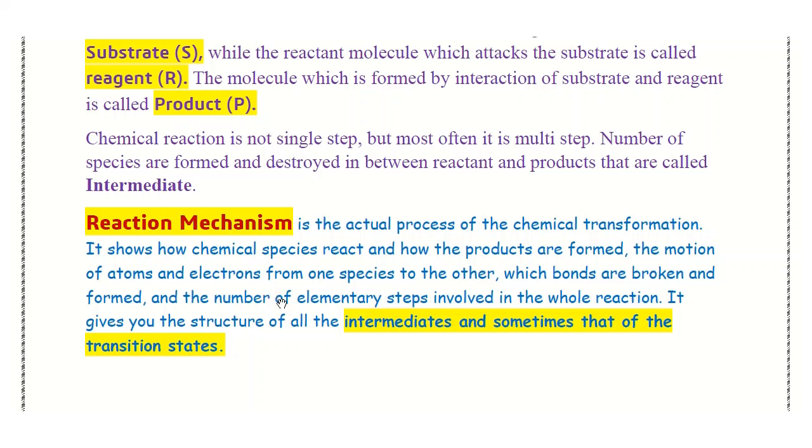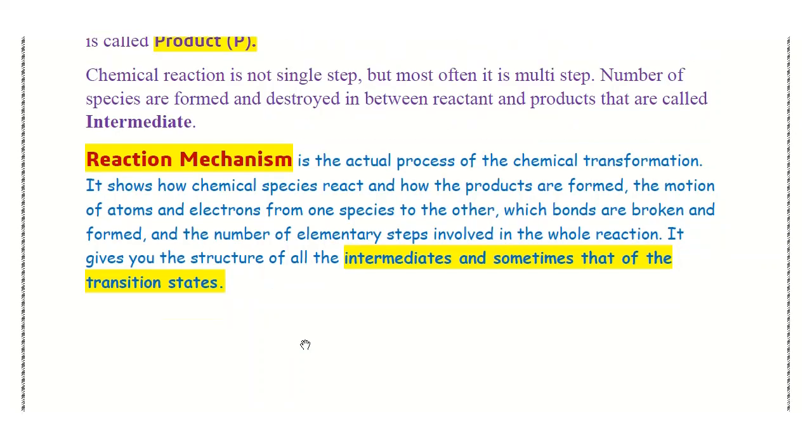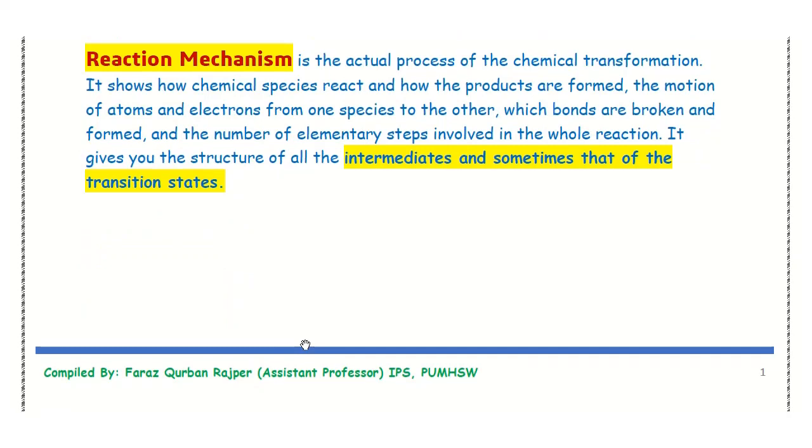Clear? So basically we know all of this by the reaction mechanism, and by the reaction mechanism we can also get an idea about the different types of intermediates and the transition states of a chemical reaction.